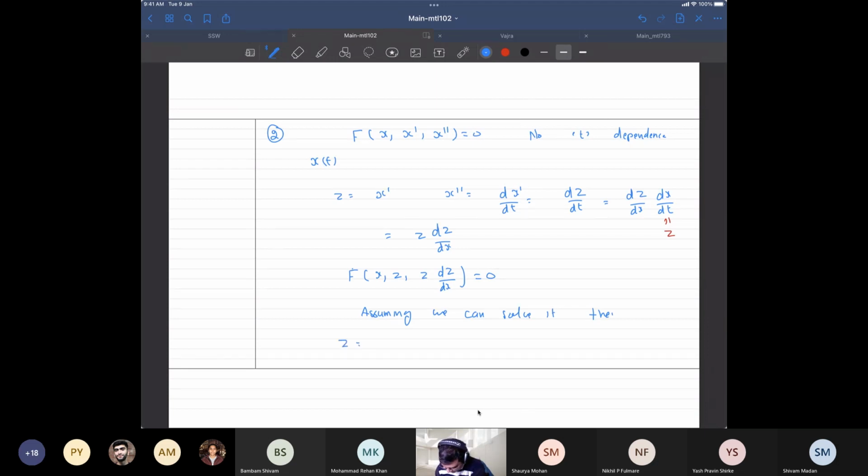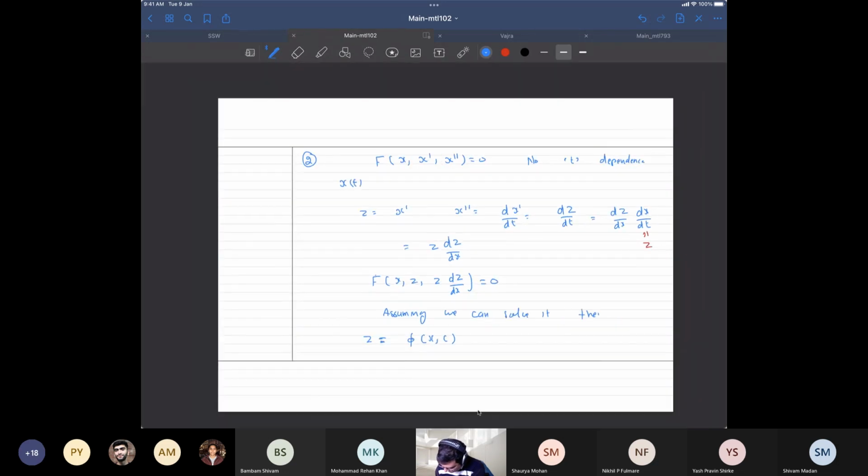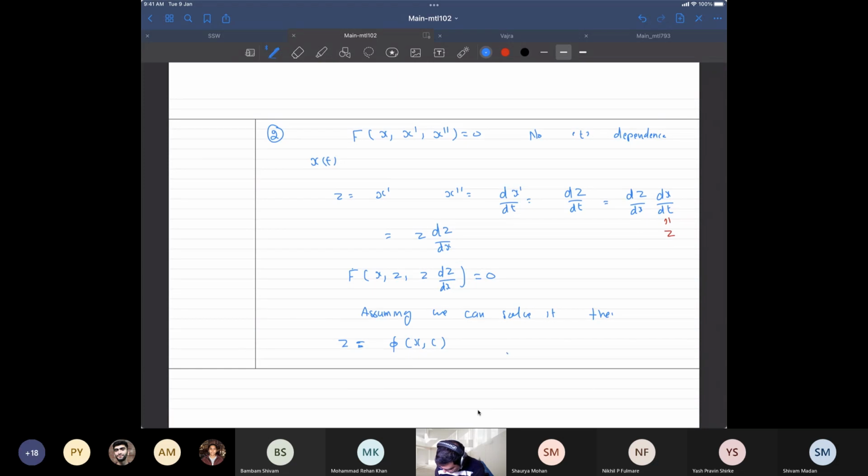Now to get the solution x, you have to solve dx/dt = phi(x, c).